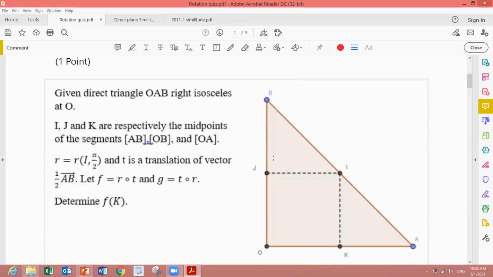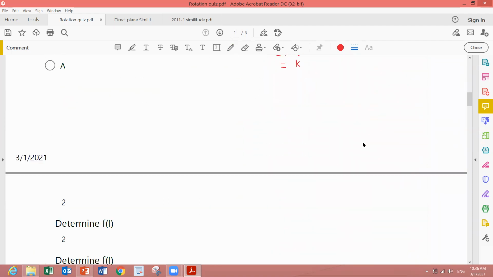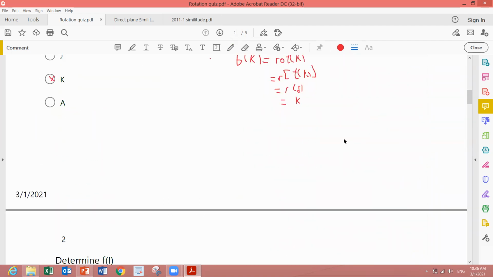Rotation of B with center I and angle pi over 2. ده بيعطي نيو بوينت بيطلع. B, O, or A?